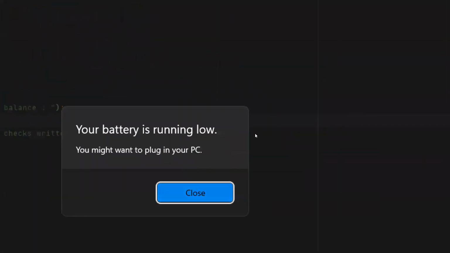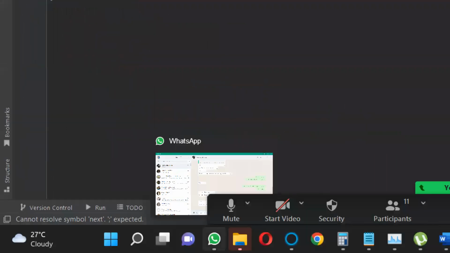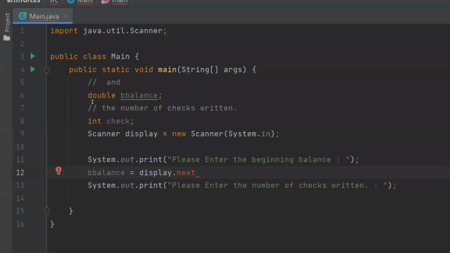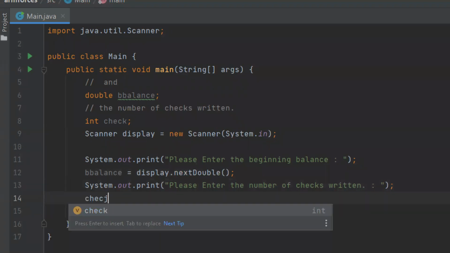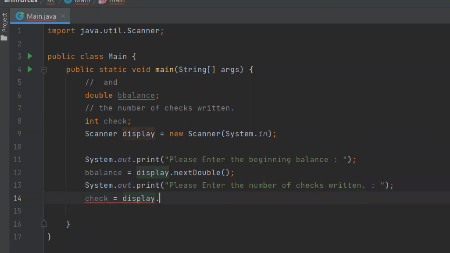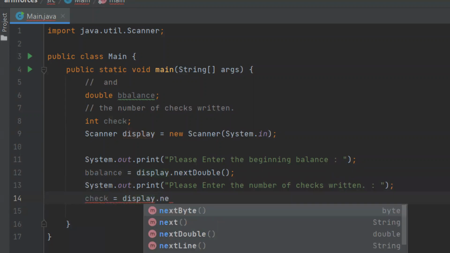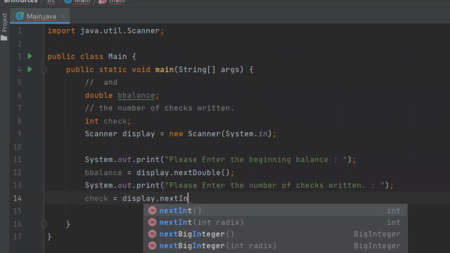Oh, sorry. Double. Not int, because the B balance is being saved as a double. So next double. But over here, we can do our normal check is equal to display dot next int.